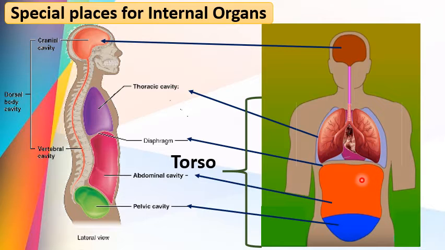And here we can see the stomach in the abdominal cavity. In the cranial cavity we can see the brain, right? And here stomach is there, small intestine, large intestine, kidneys are there and liver is there in the abdominal cavity. And in the pelvic cavity we can see urinary bladder, urethra, etc.